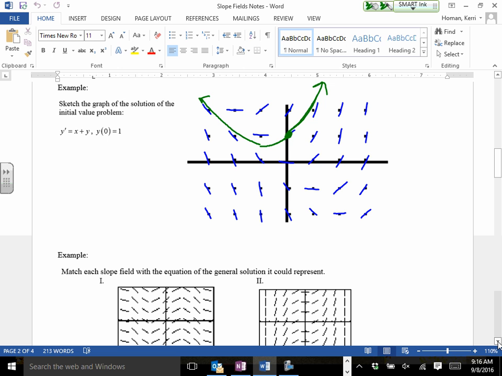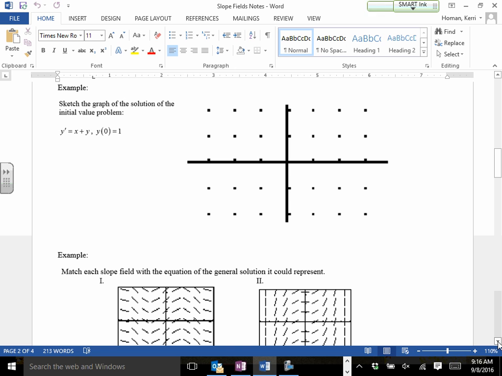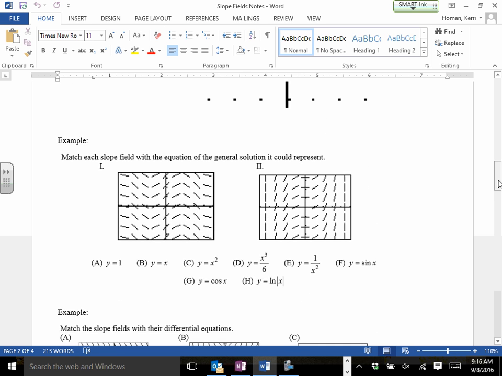All right, next I want to talk about the difference between the general solutions and a slope field compared to the differentials and their slope fields. There's two different types of questions you could get as far as what's being represented on the slope field.